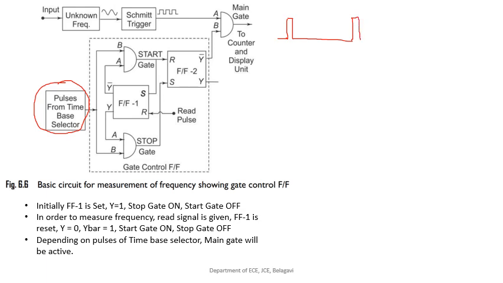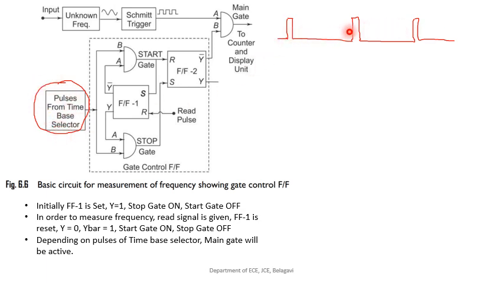Pulses from the time base selector, that is what I am drawing. The duration will be fixed, and so on. For understanding the circuit, 3 pulses are sufficient. The pulses from the time base selector will be something like this.